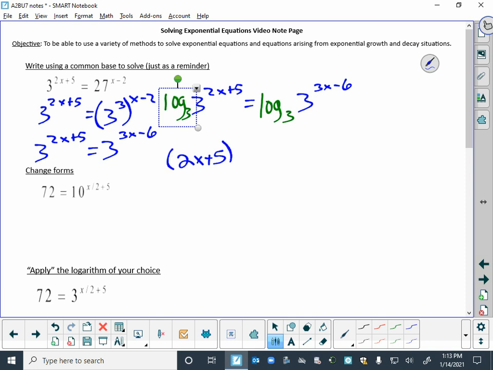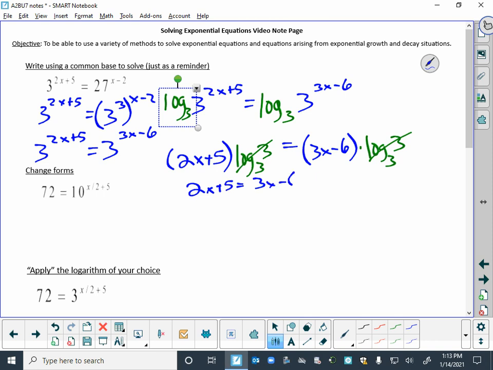It leaves us that times a log base 3 of 3 is equal to the 3x minus 6 that comes down times the log base 3 of 3, but by our properties, log base 3 of 3 is just 1, and so we have this equation that looks like 2x plus 5 is equal to 3x minus 6, and so x is equal to 11 after a little bit of algebra.